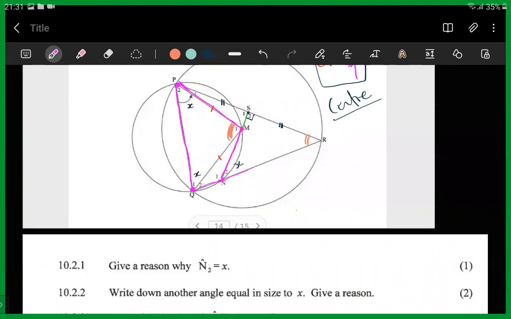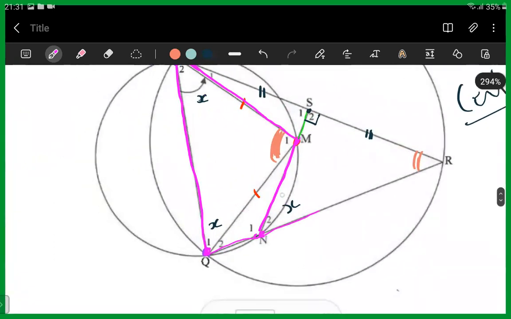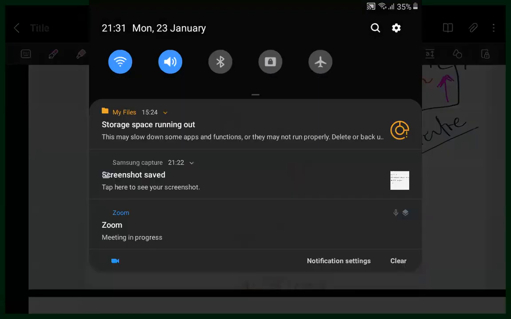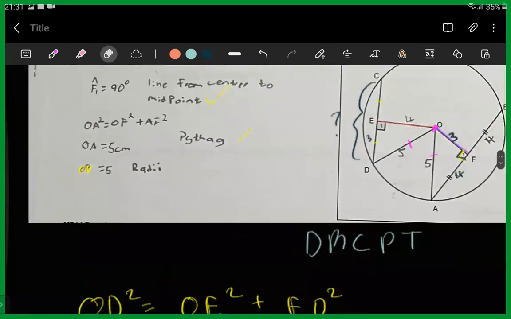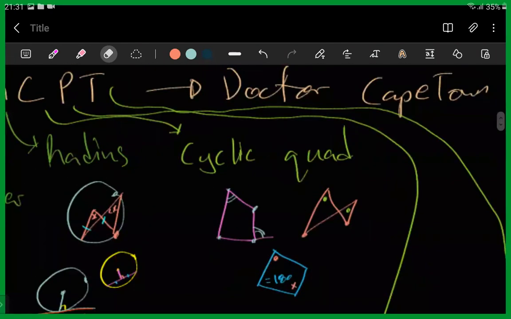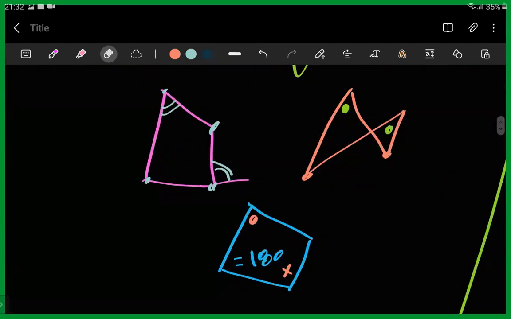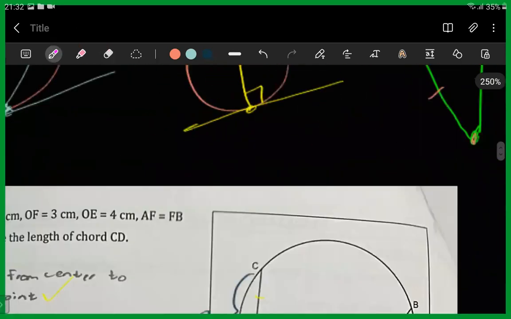If N2 is equal to X. Yes, because N2 is equal to this. Because remember, the only X that they gave us is this one, the one here. So why is that one equal to that one? First, to figure out the triangle. Which of these laws? Okay. Now I see it.